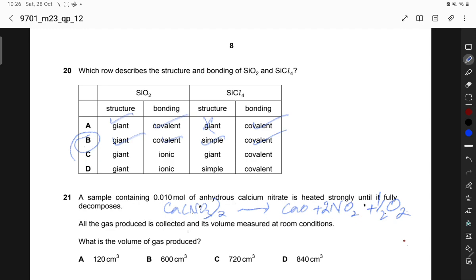So we have 0.01 mole, ratio 1 to 2 moles and 0.5 moles. So this is 2.5 moles of gas, and 0.01 ratio x.